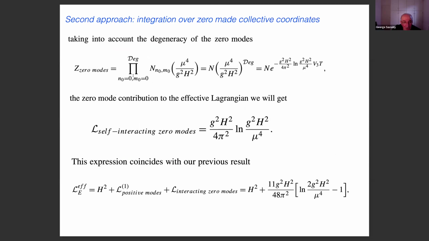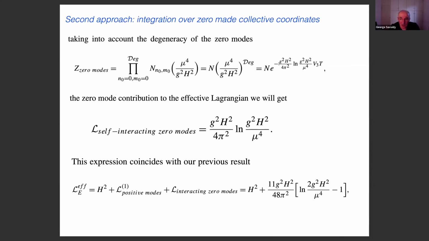We should also take it as many times as the degeneracy, which means this expression should be taken to the power of the degeneracy. Degeneracy is equal to g squared h squared, right? And this expression raised to the exponent becomes the logarithm.